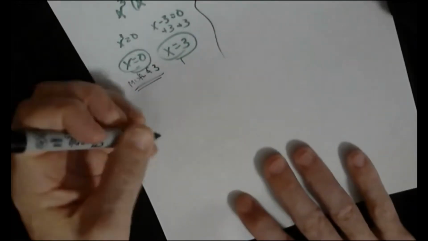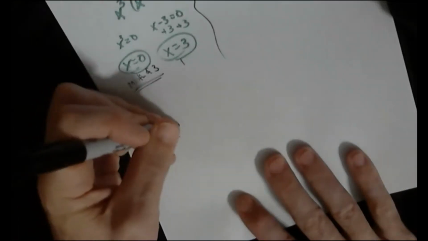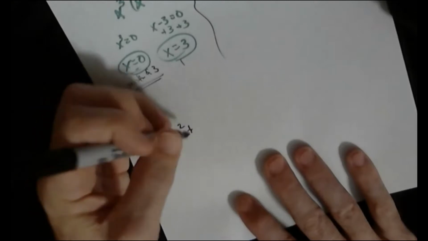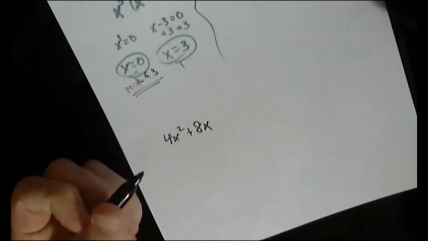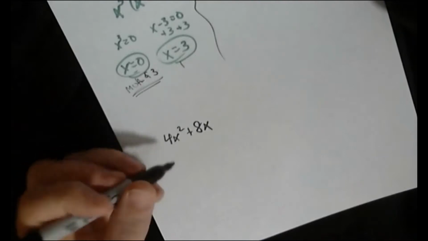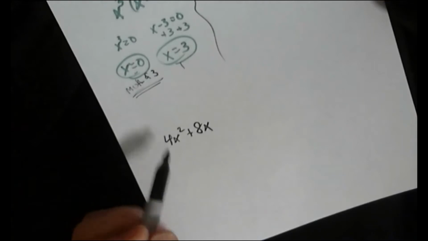So under the same category here, a greatest common factor, if we had, let's do 4x squared plus 8x. Okay, again, if I want to factor this, I'm looking for what I can divide out.